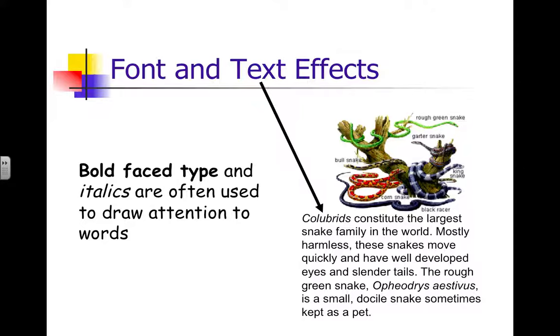When they transfer that into their own writing, they can use those features as well to emphasize things. I see this happen a lot in a blog post. A blog author will highlight words or underline them or italicize them to emphasize them.